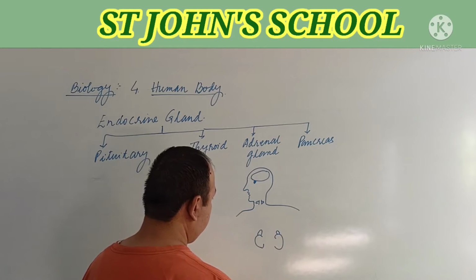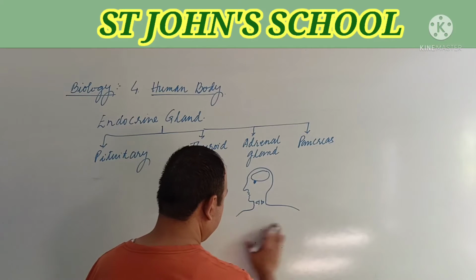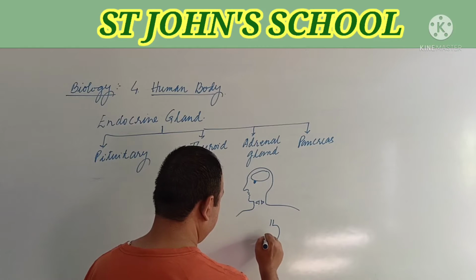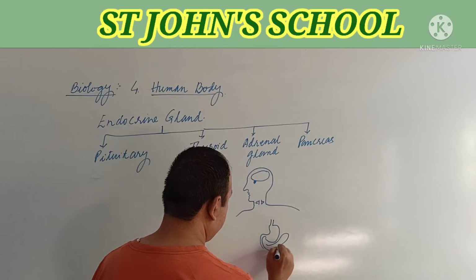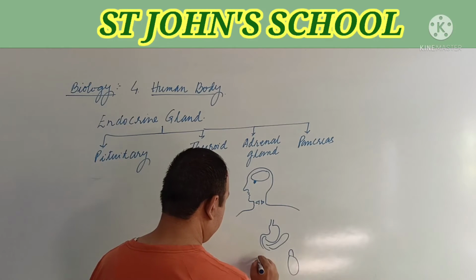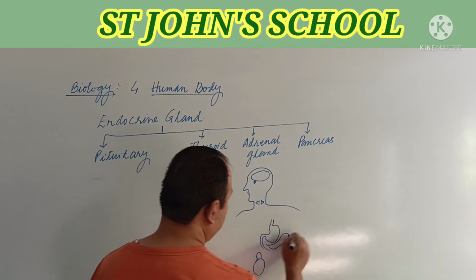Let me first draw. Suppose this is the stomach. Here the pancreas is present, here the kidney, above the kidney endocrine glands are present.